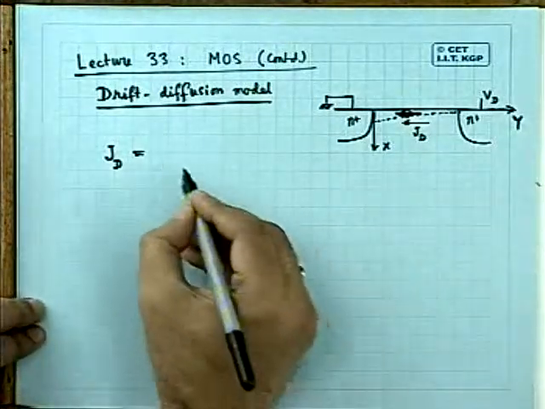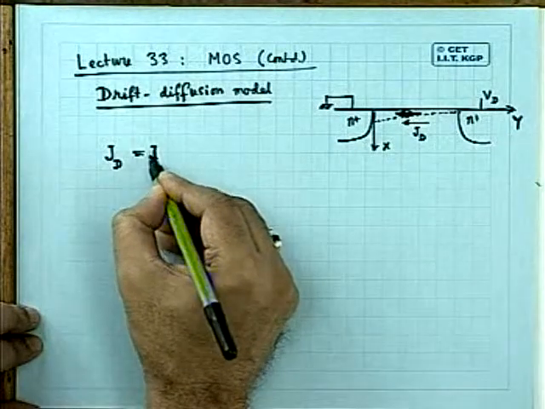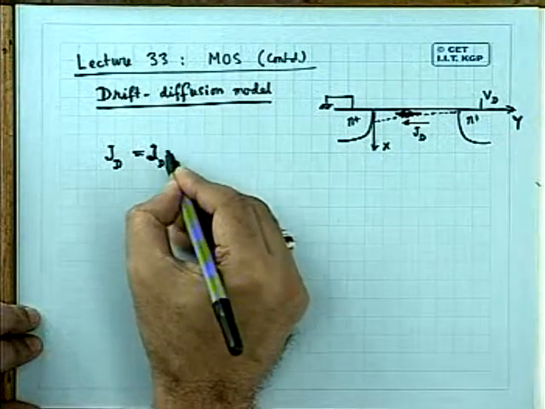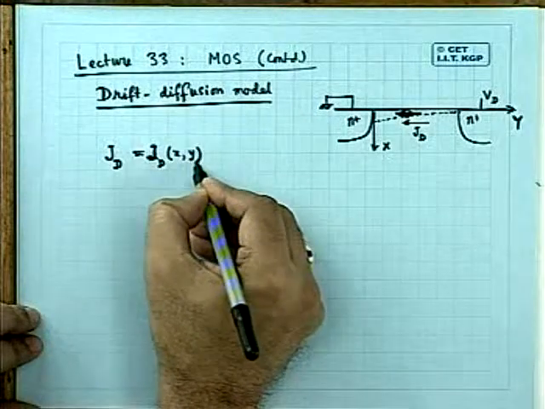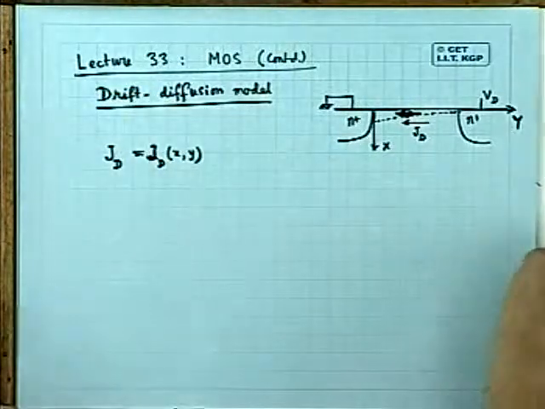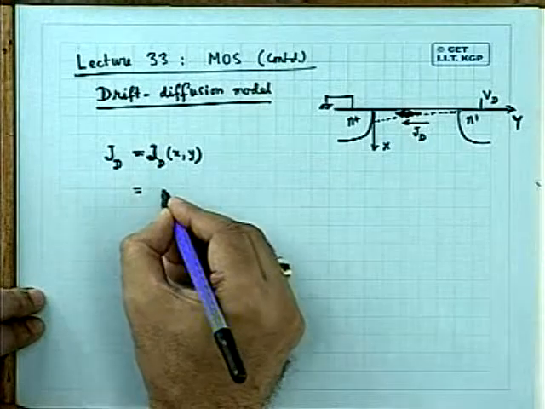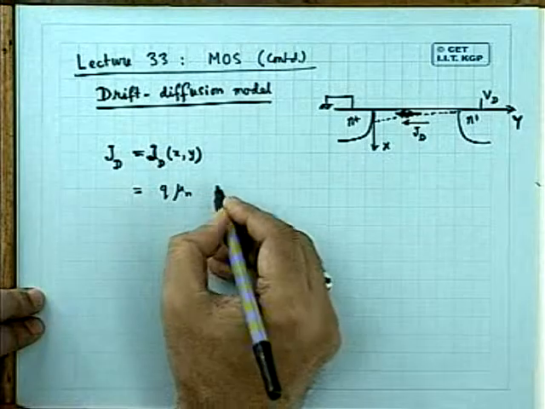But JD, let me write now in a mathematically more correct form. I write JD as a function of X and Y. There will be some current along X and some current along Y. So in general, JD will be a function of X and Y and can be written as q mu n.